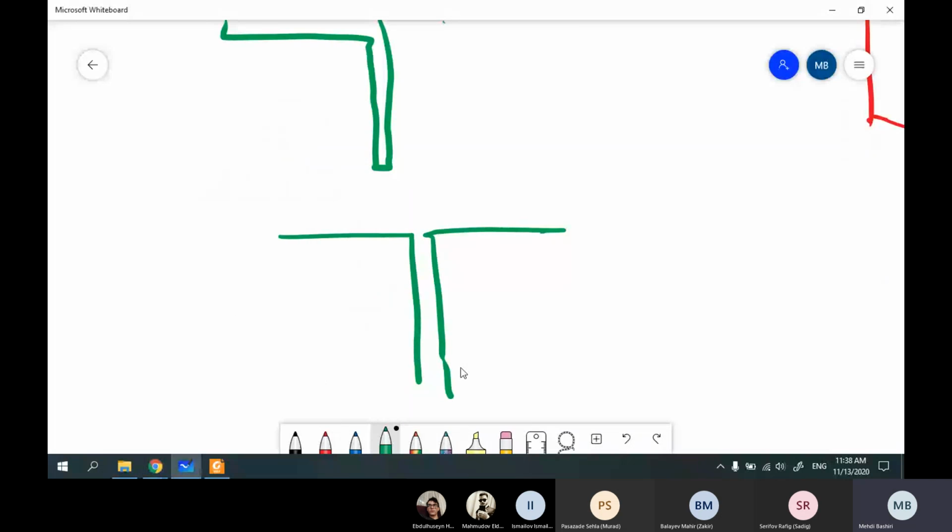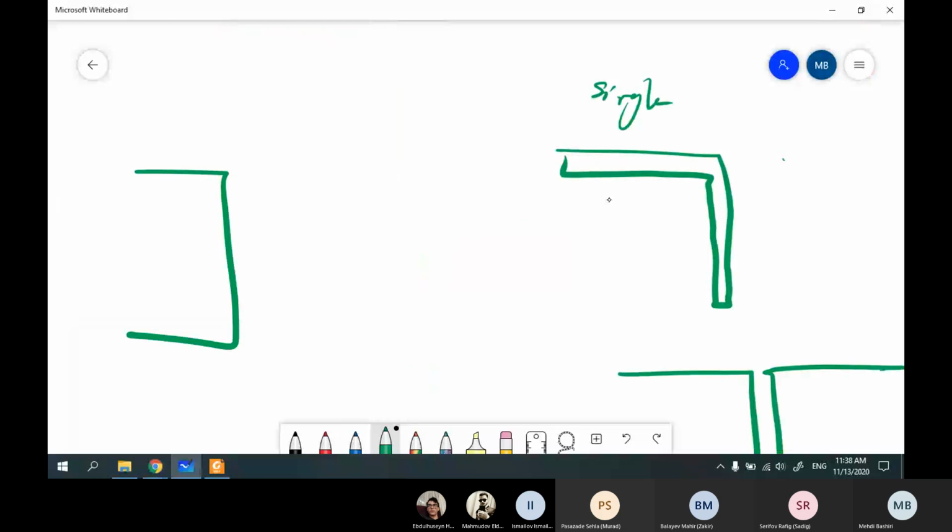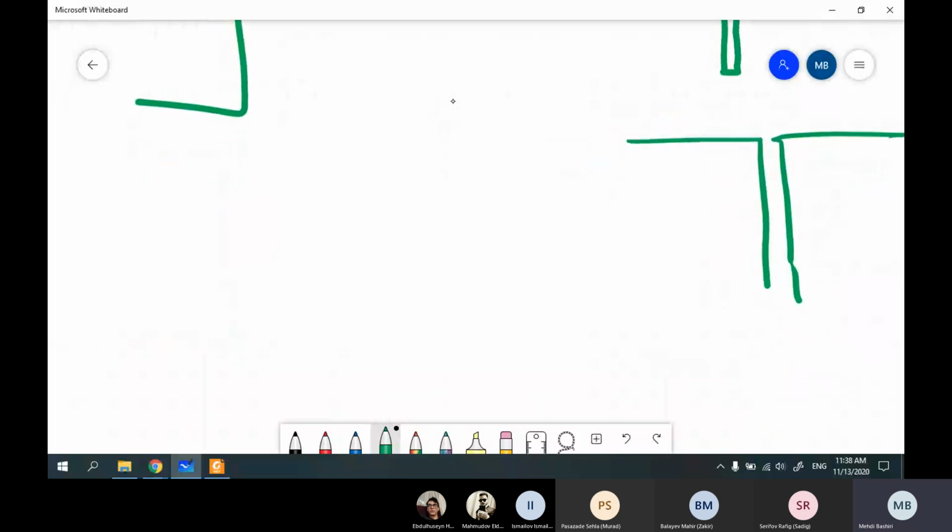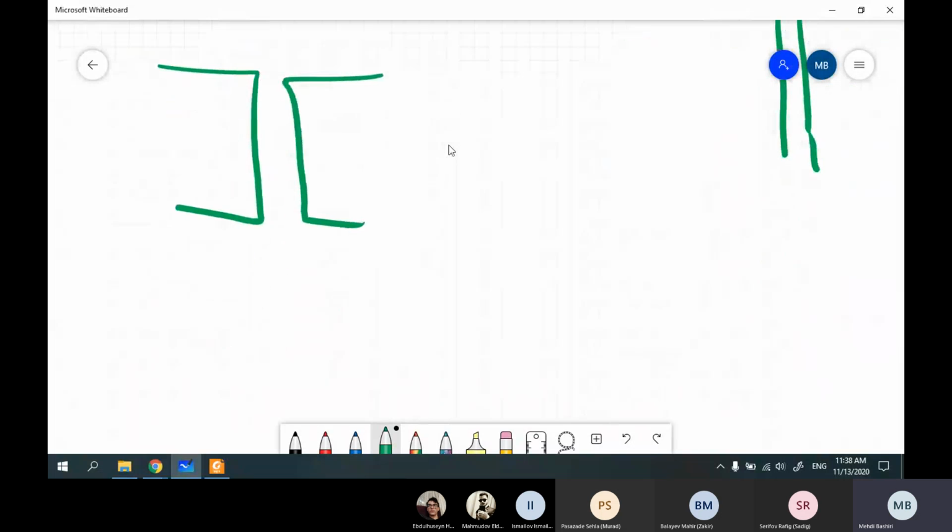Single channel, single angle, single channel, double channel. For double channel, we can either use this shape, this arrangement, or this arrangement. This one is better, but you need more space for that.